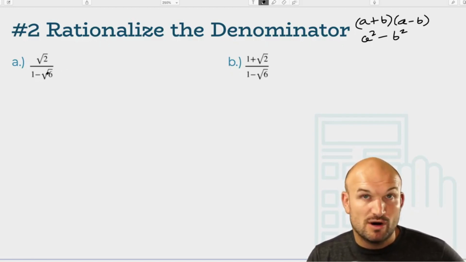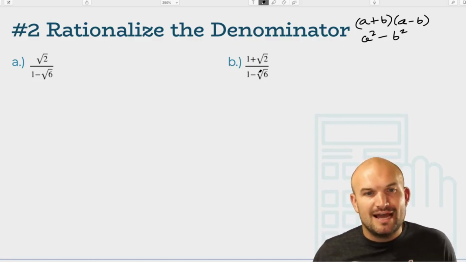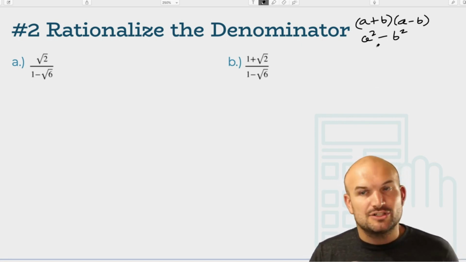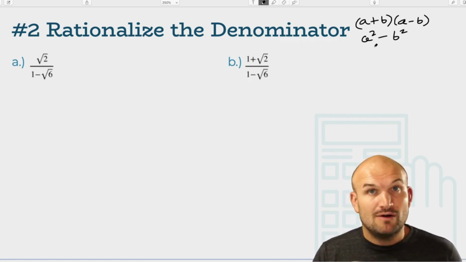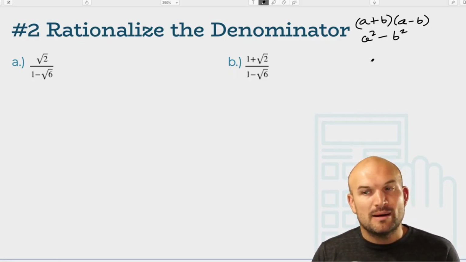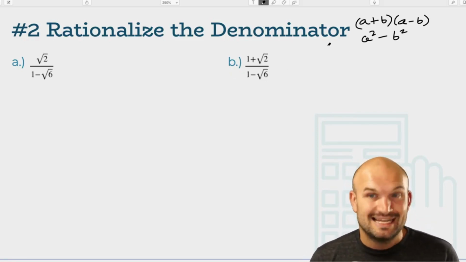If I'm squaring the square root in the denominator, that's going to undo the square root. So if we want an expression where we do not have a square root in the denominator, that's why rationalizing the denominator is so helpful. In terms of complex numbers, when we don't want i in the denominator, well, i squared, if you remember, is going to be negative 1. So when we rationalize the denominator with i, that gets rid of the i in the denominator.